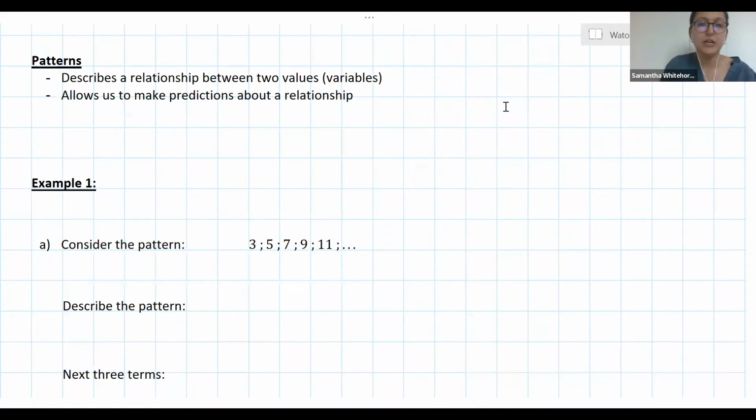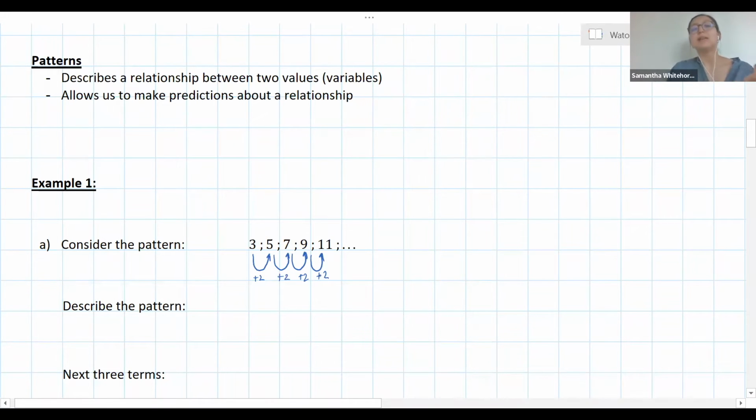Excellent, well done. So what we can see here is that to get from 3 to 5, I added 2. To get from 5 to 7, I added 2. And so every single time to get from one value to the next, I am adding the number 2. Now, the ladies also said that all of these numbers are odd numbers.